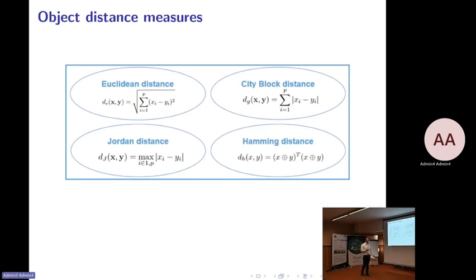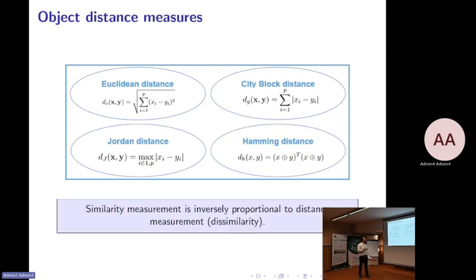And here is Hamming distance defined for binary vectors. The Hamming distance of the vectors shows the number of different components. So usually these distances are chosen based on the nature of the data and requirement of the clustering task.